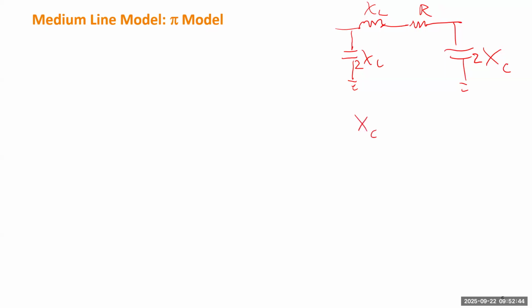Because the capacitive reactance is defined by jωC. So double it means this one is equal to jωC divided by 2.